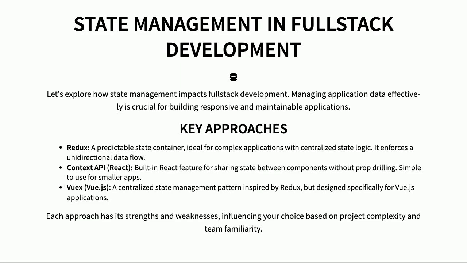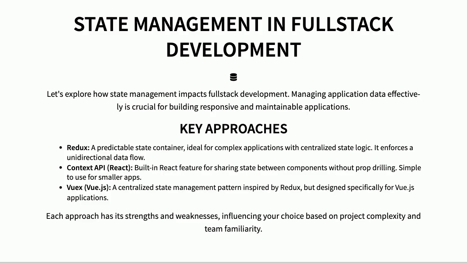Okay, let's talk about state management, a really important part of building full-stack apps. Essentially, it's about how we handle data throughout the application. We have a few popular tools for this, like Redux, which is great for bigger projects where you want really organized state flow. Then there's React's Context API, which is super useful when you need to share data between components without having to pass it down through every level of your component tree.